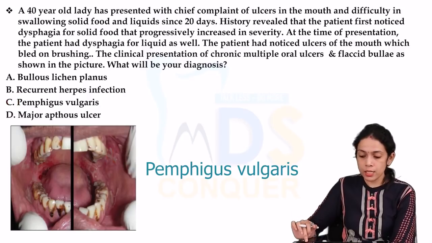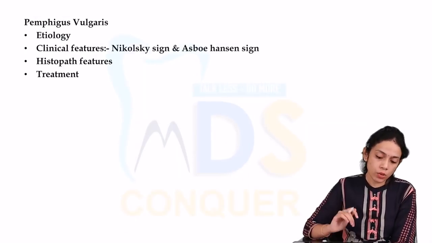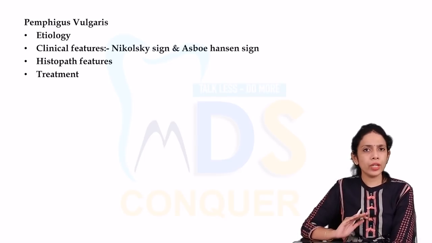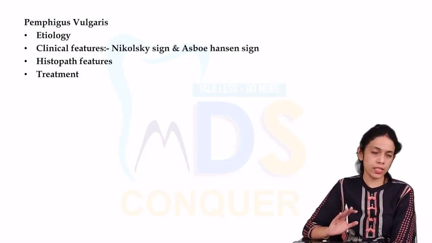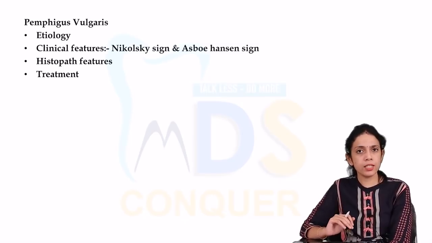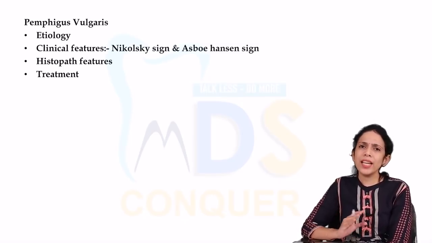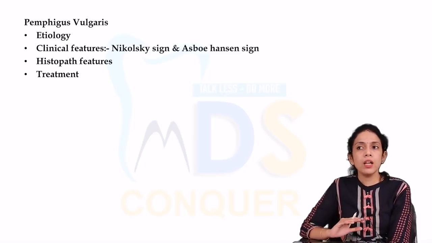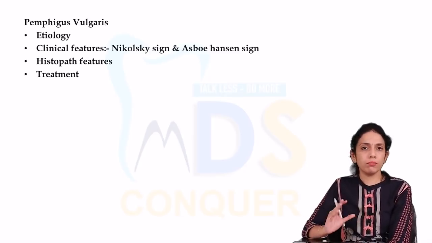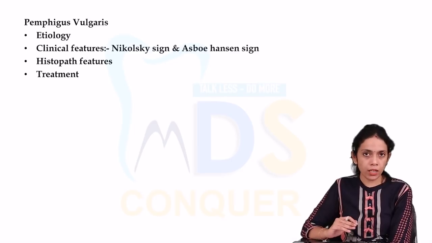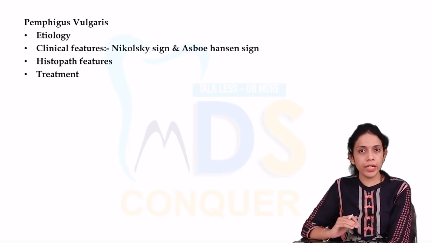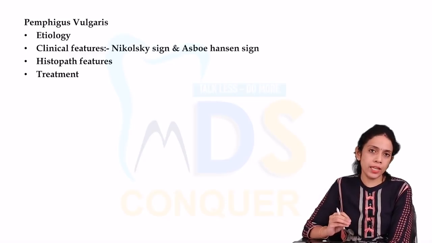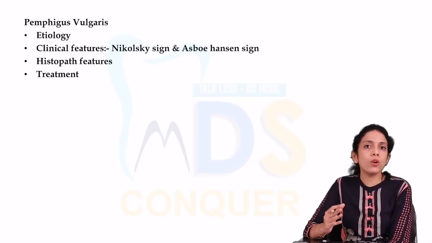Now let's discuss pemphigus vulgaris in detail. Coming to the etiology, it is an autoimmune, life-threatening mucocutaneous disease. It's a blistering mucocutaneous disease which is autoimmune. Why is it life-threatening? There is a reason: in pemphigus vulgaris there are bullae which have disseminative spread, and these bullae are so tense and flaccid that they rupture very easily, and whenever they rupture there is loss of fluid.